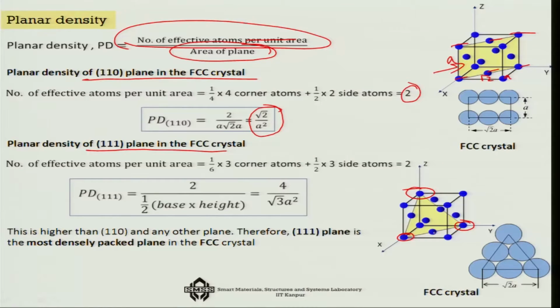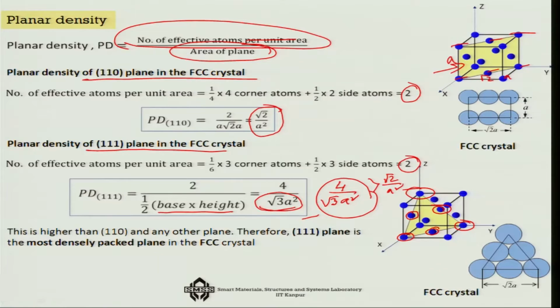So, total you are again going to get a number 2, but the area is different now. What is the area here? Half times base into height, that if you work it out you will see it will be root 3 A square. So, the total number here is 4 over root 3 A square, and this is actually larger than root 2 over A square.